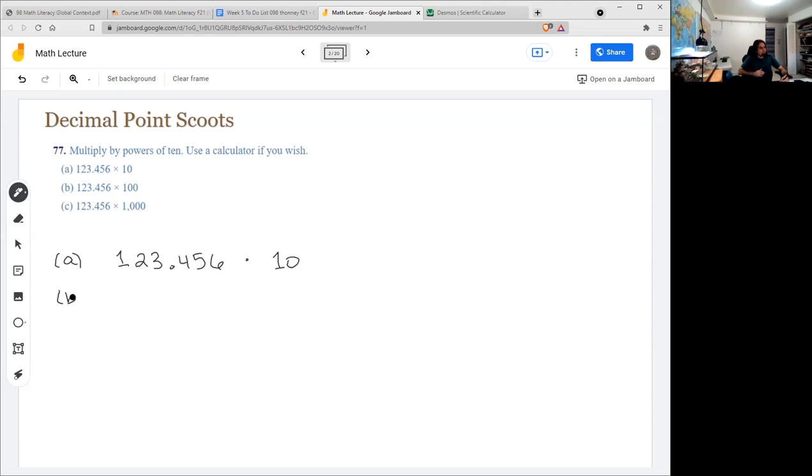B is the same as that thing times 10 squared, because 10 squared is 10 times 10, which is 100.